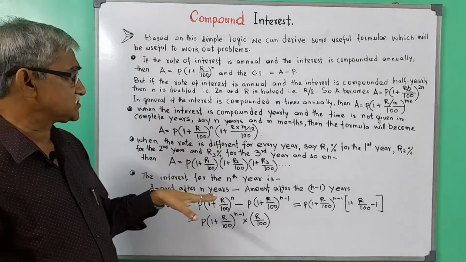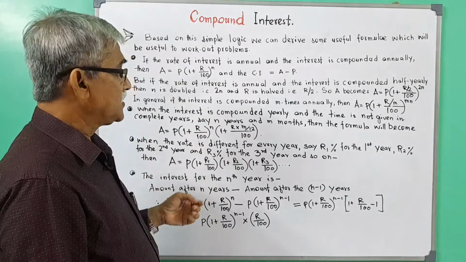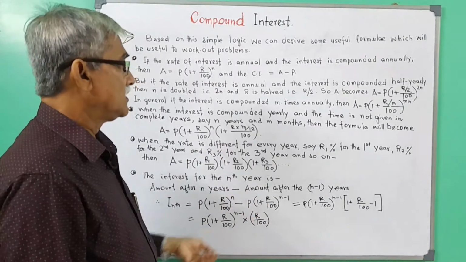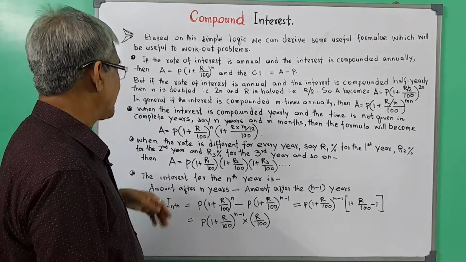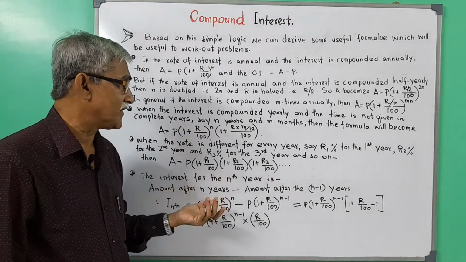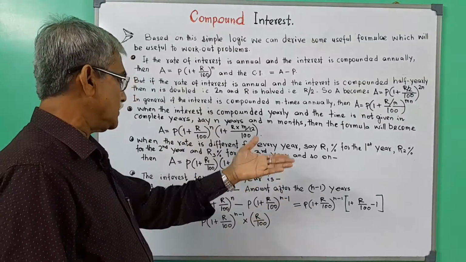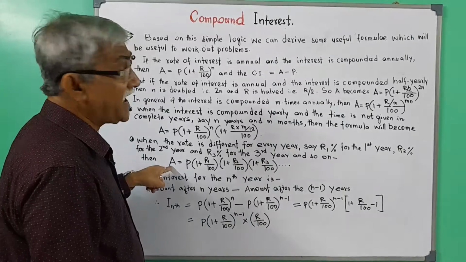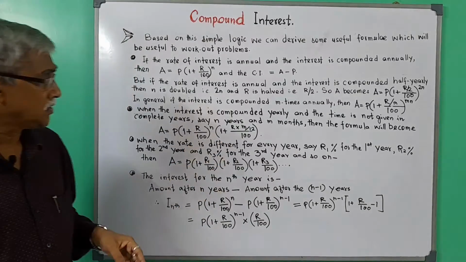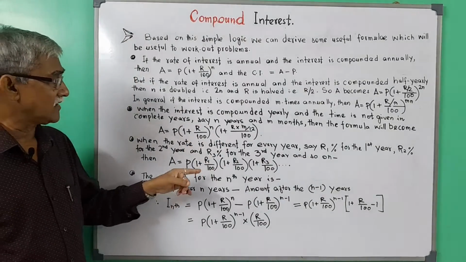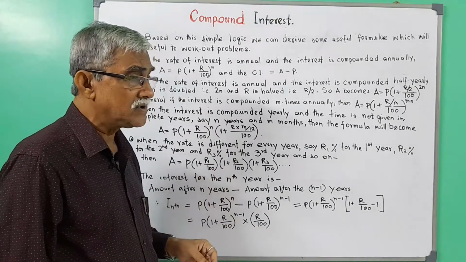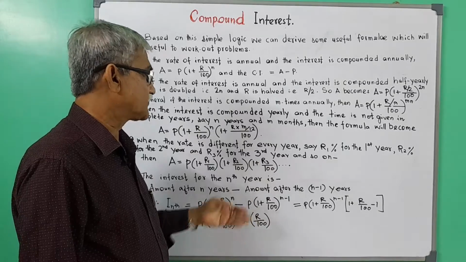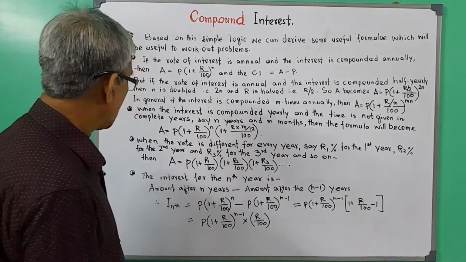Now, when the rate is different for every year, say R1% for the first year, R2% for the second year, and R3% for the third year, and so on, then the amount A equals P into (1 plus R1 by 100) into (1 plus R2 by 100) into (1 plus R3 by 100), and so on.